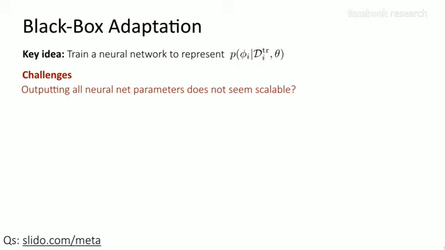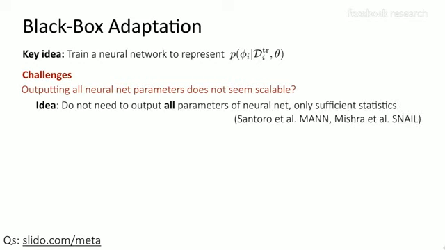Then we need a neural network that outputs a million-dimensional output. One idea that we can use to remedy this is we don't actually need to output all of the parameters of another neural network. We really just need to output the sufficient statistics of that data set, of the training task, that allow us to make predictions about new data points.